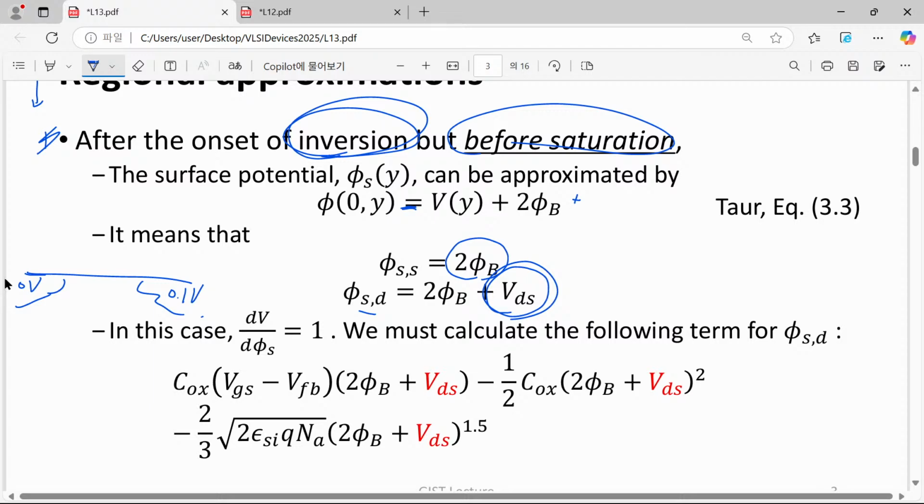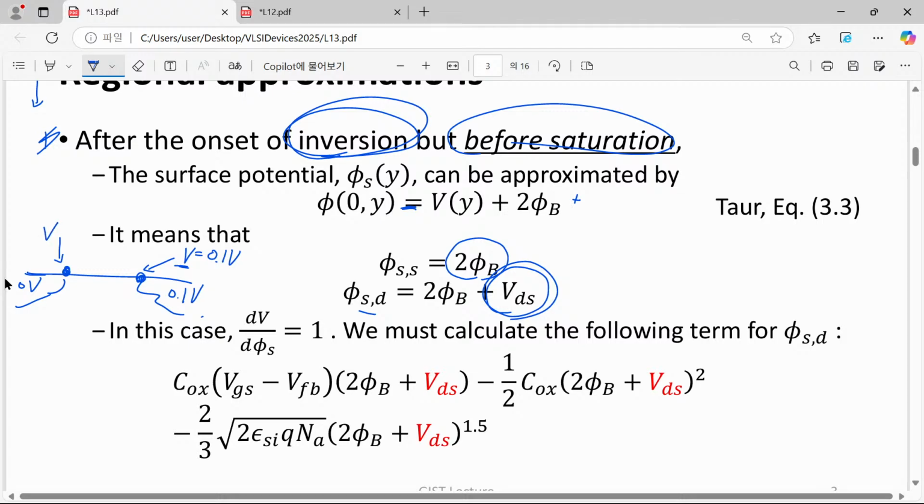In this case, we can say that, compared with this point, the electron quasi-Fermi potential is 0.1 volt higher. That's true. This is given by the boundary condition.